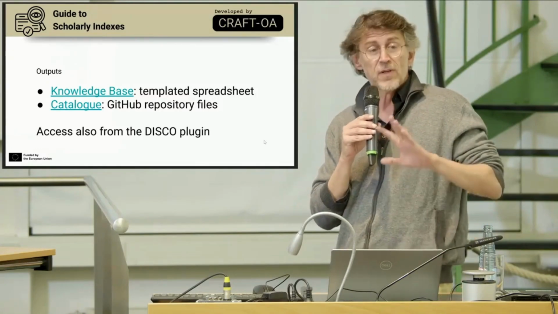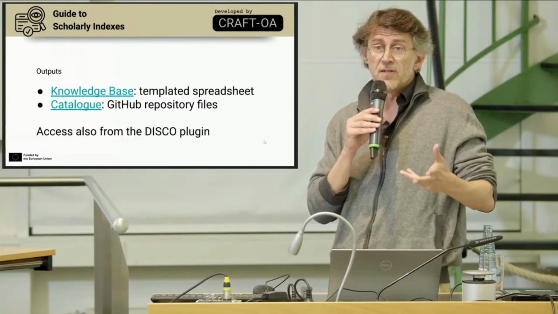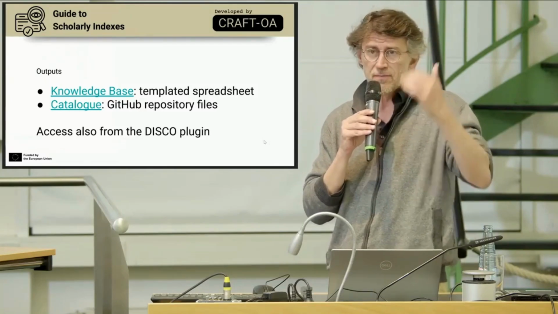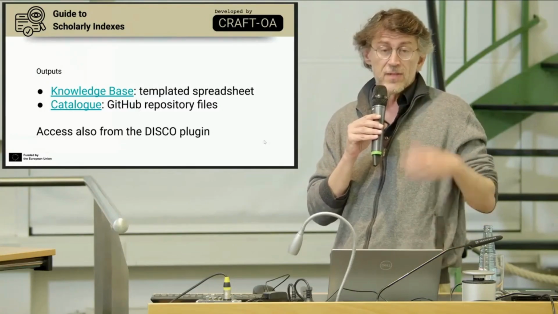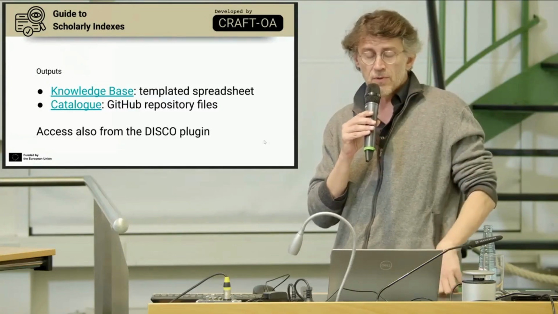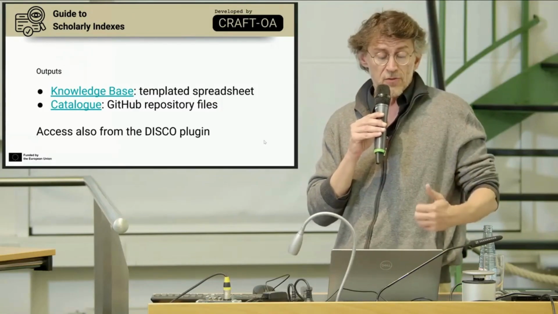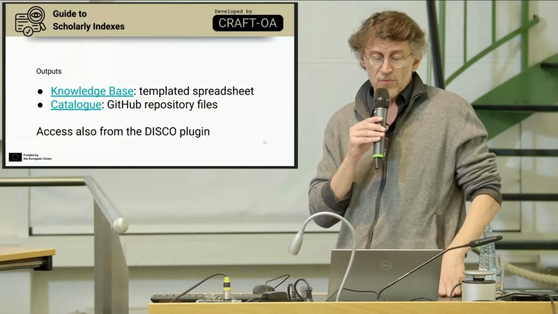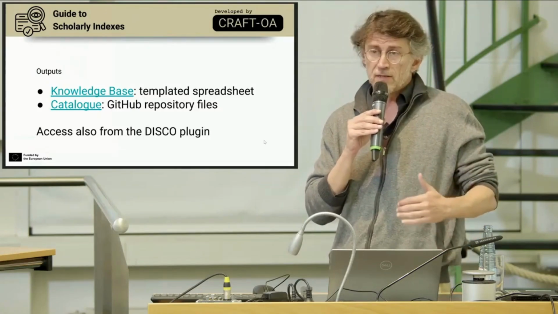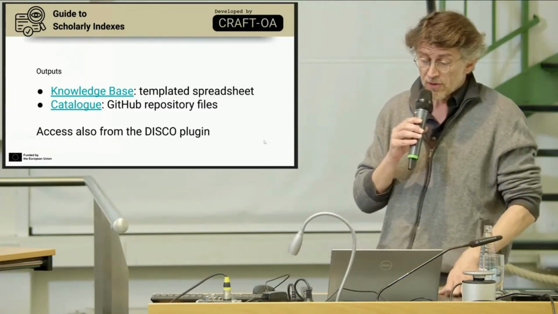So the guide currently has two forms. You have what we call the knowledge base, which is a spreadsheet containing all the indexes following the template that we have set up for describing them. And you have what we call the catalog, which is basically the same information, but this time in a GitHub repository, with individual files for all the indexes.